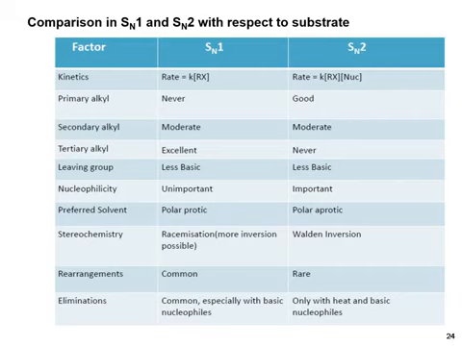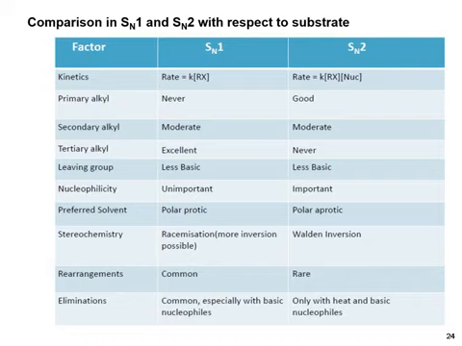The leaving group in both cases will be less basic as compared to the nucleophile. Nucleophilicity in the SN1 reaction is unimportant because the leaving group leaves by itself. But in the SN2 reaction, the leaving group leaves by the push of the attacking nucleophile. So it is important in the SN2 reaction.